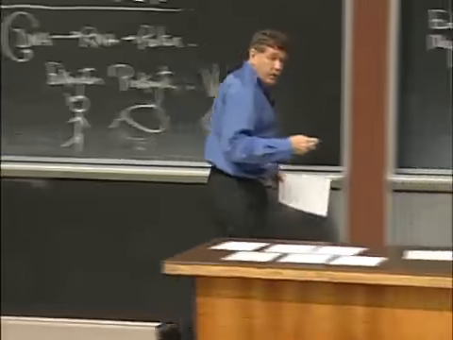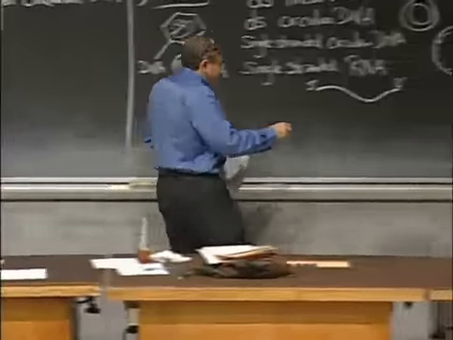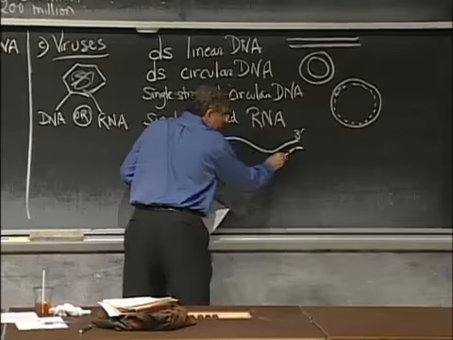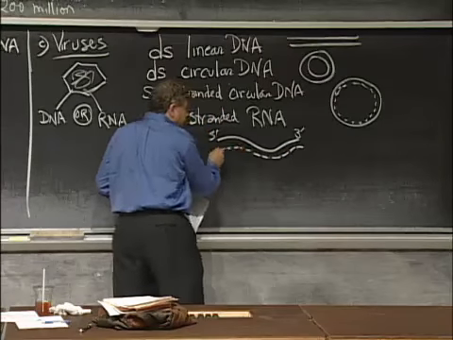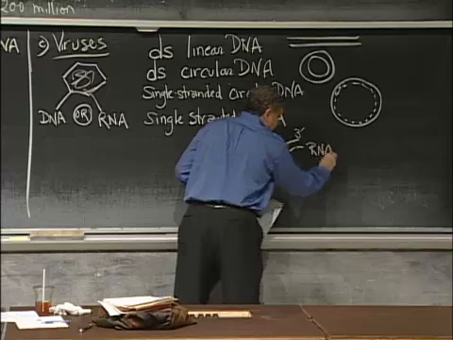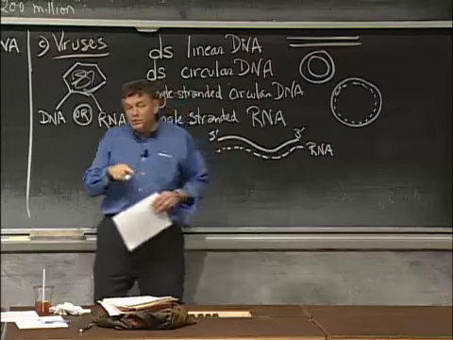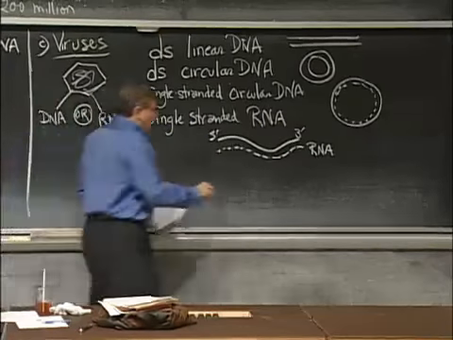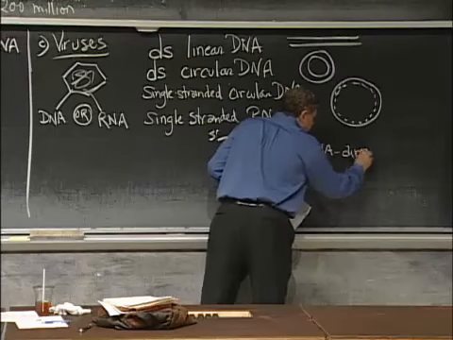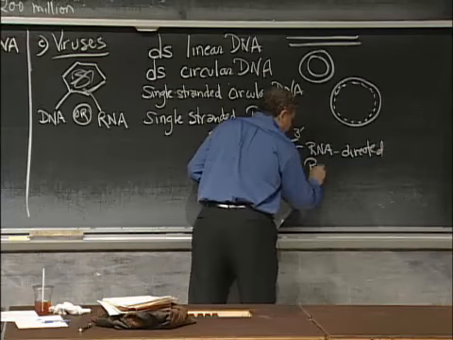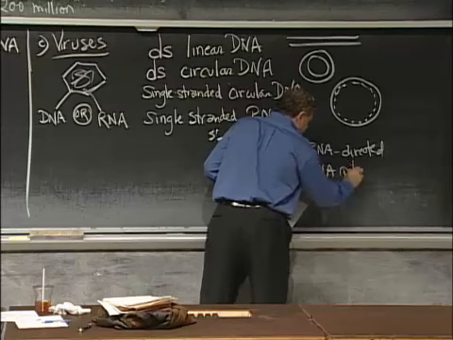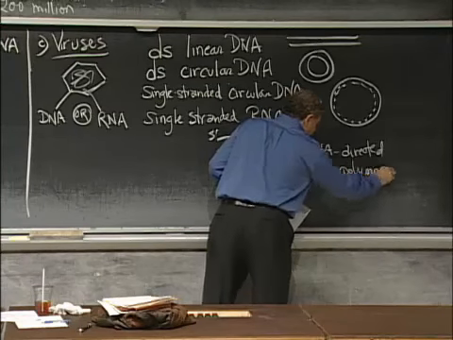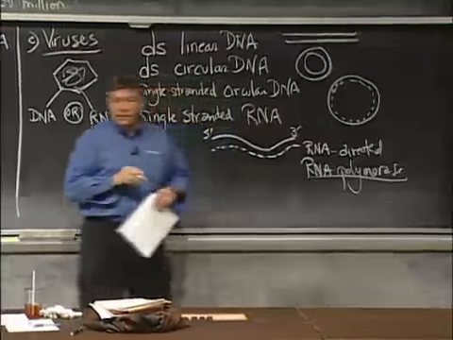So the way this works is this gets replicated into a strand of RNA. It makes double-stranded RNA by an RNA-directed RNA polymerase. That's a kind of weird enzyme.